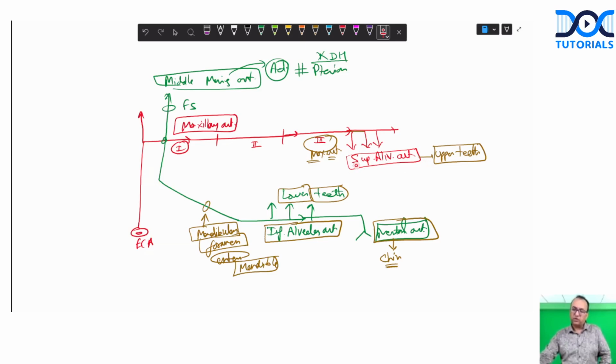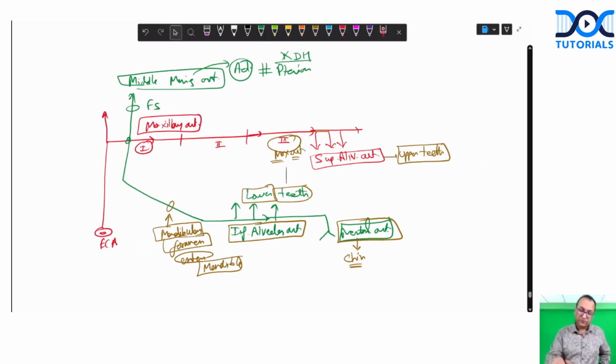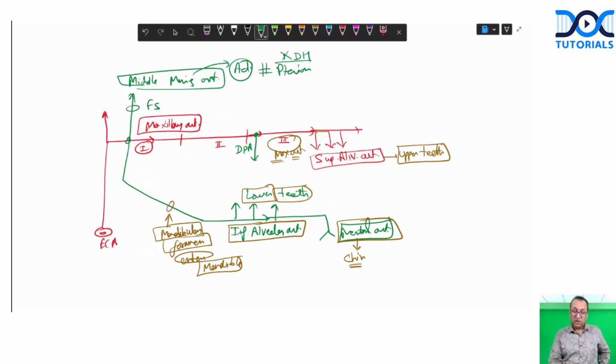But we wanted to talk about Little's area of epistaxis. If you remember, it gave a branch, the descending palatine artery, which was supplying the tonsil also. The descending palatine artery gave a branch called the greater palatine artery. It is important for the nose.